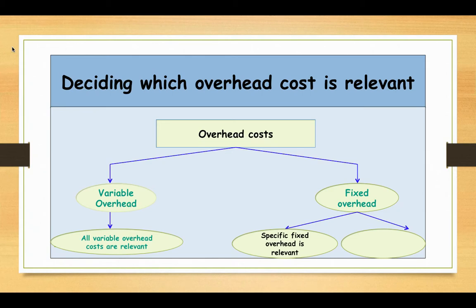Any specific fixed overhead, any attributable fixed overhead or stepped fixed overhead are relevant. But a portion fixed overhead or existing fixed overhead is not relevant. Any fixed overhead which is not affected by the decision is not relevant.